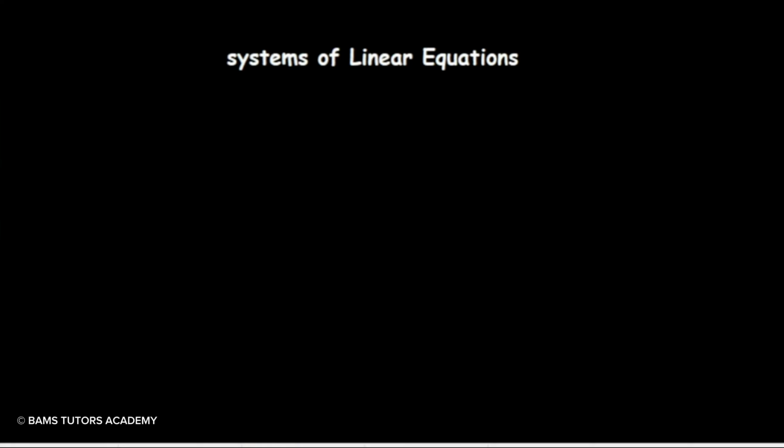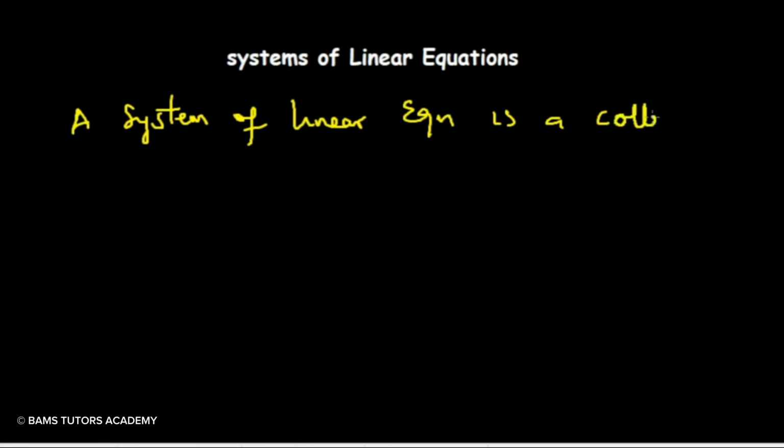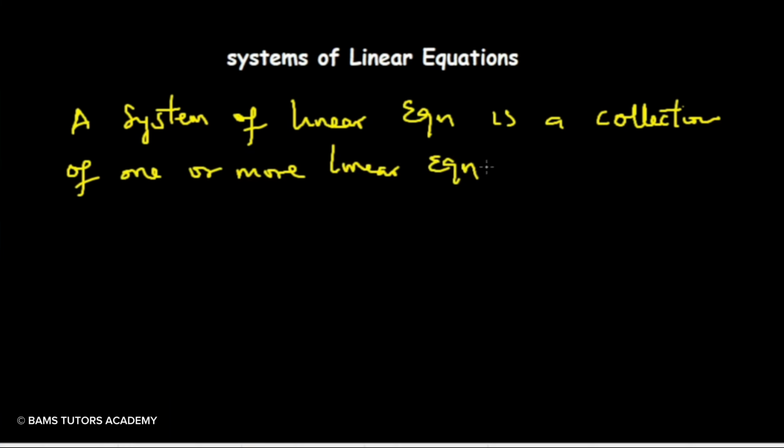A system of linear equations is a collection of one or more linear equations involving the same variables.